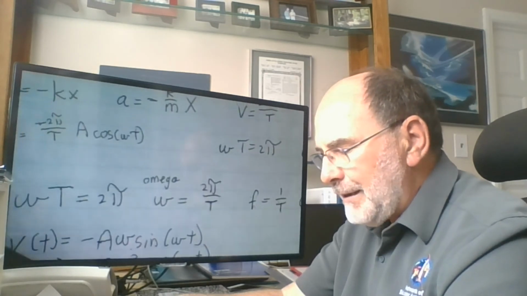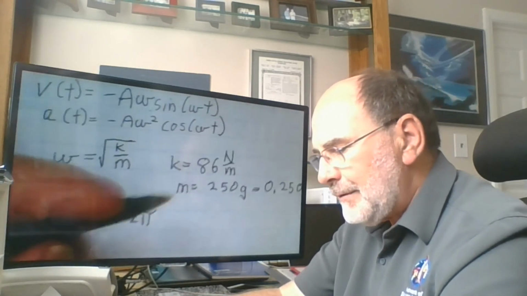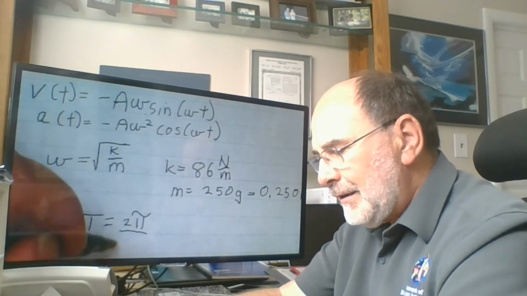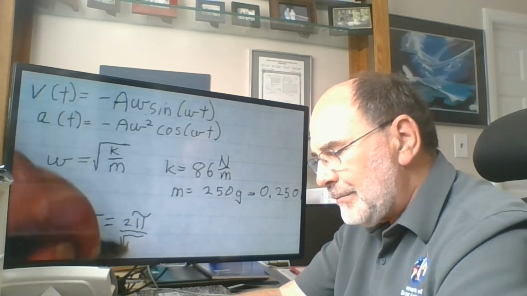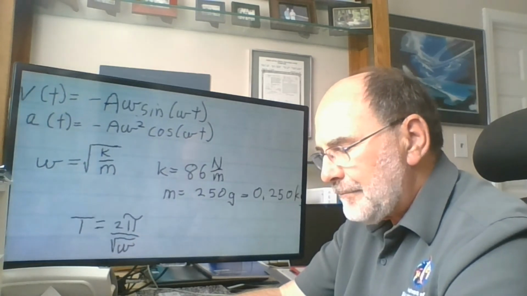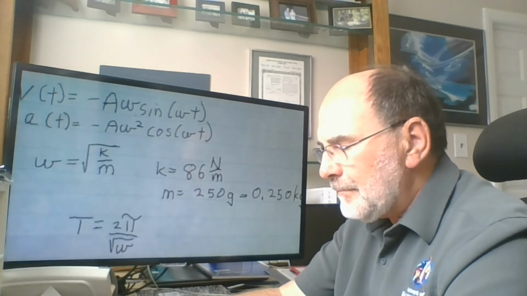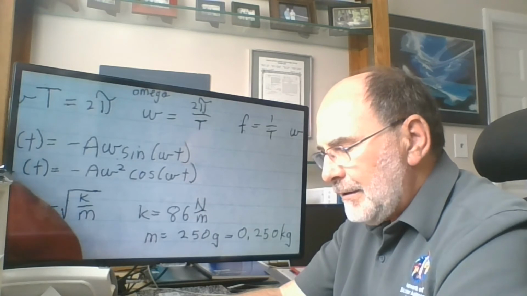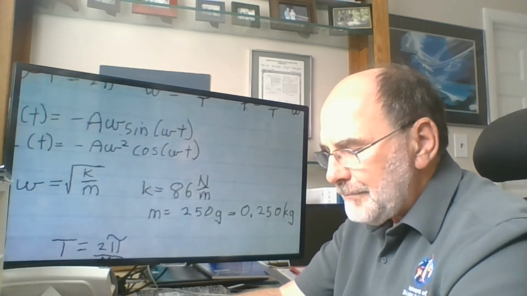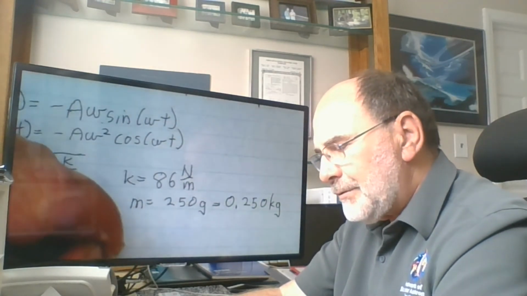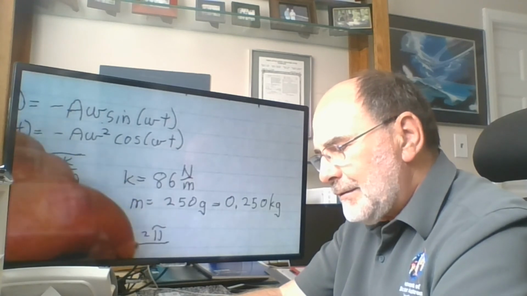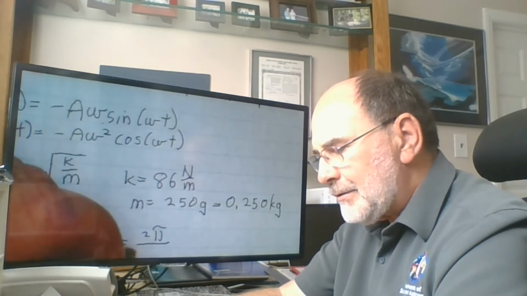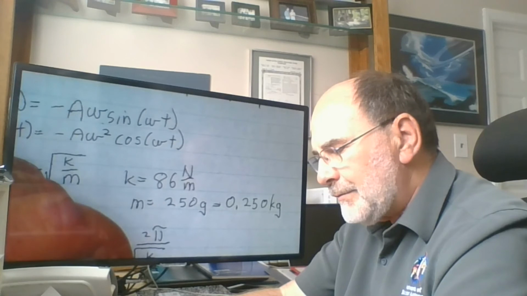Well, if omega is the square root of K over M, I guess I shouldn't do this too fast. I just did that wrong, right? 2 pi divided by omega. Sorry. Well, so that is 2 pi divided by the square root of K over M.